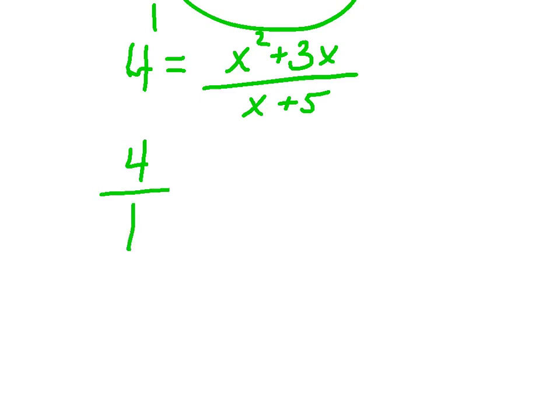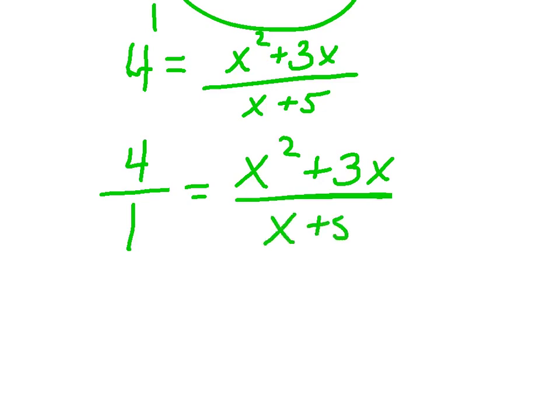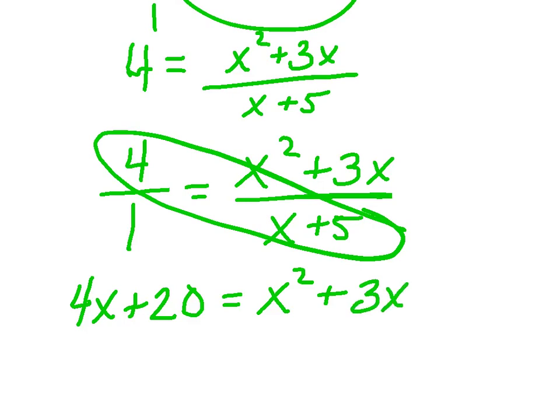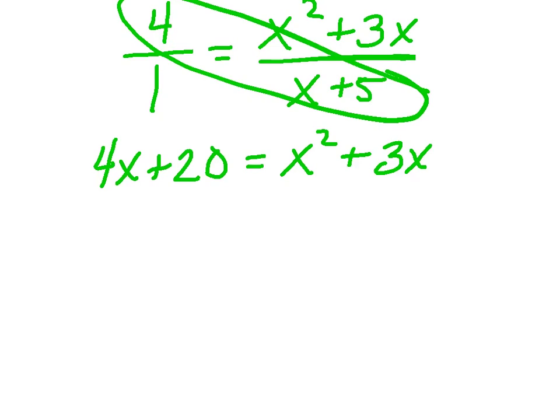And remember, make them both fractions. That will be easier mathematically for you. Quick cross multiply. I've got 4x plus 20 equals x squared plus 3x. Hopefully, again, that squared is triggering you to set your equation equal to 0.